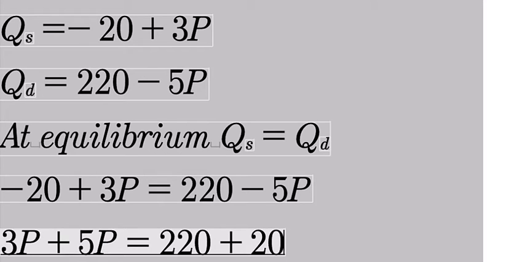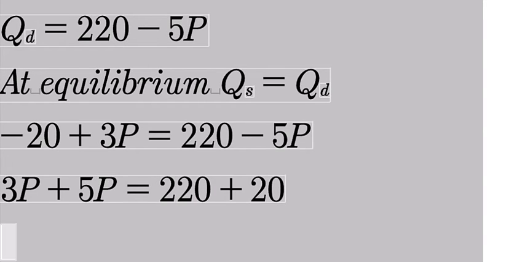The constant minus 20 from the left-hand side has moved over to the right-hand side to turn 20, while minus 5P from the right-hand side moves over to turn plus 5P in our new equation.